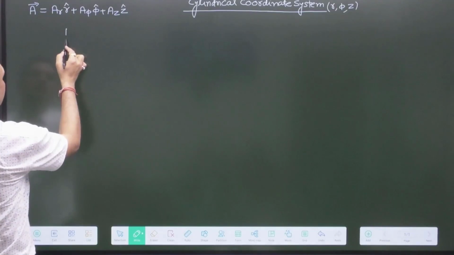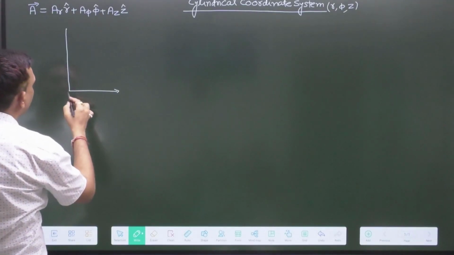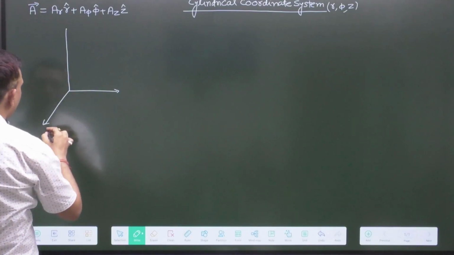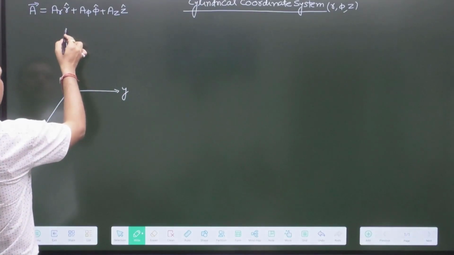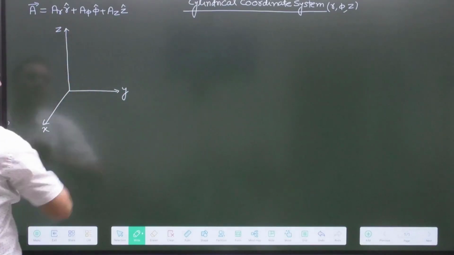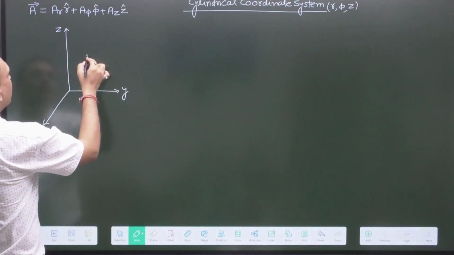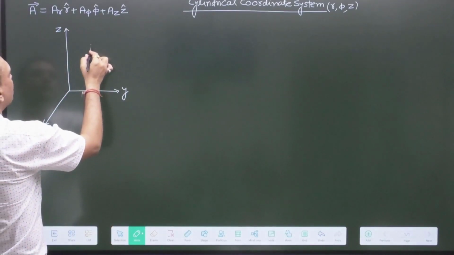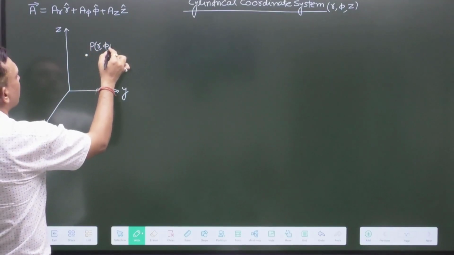So let us represent this symmetry. You have XYZ axes, mutually perpendicular axes, and there is a point P whose coordinates are r, phi, z.